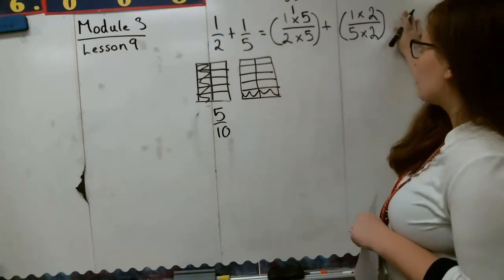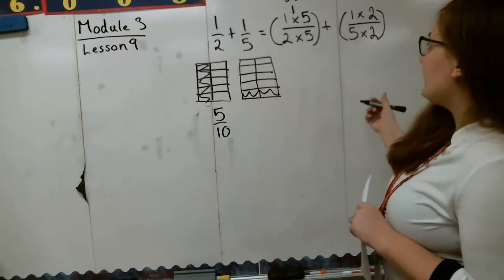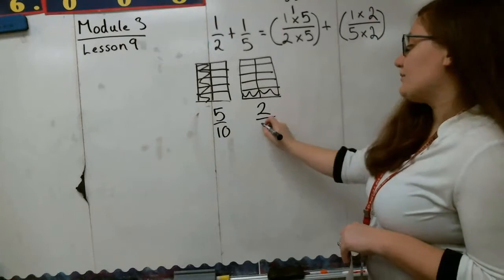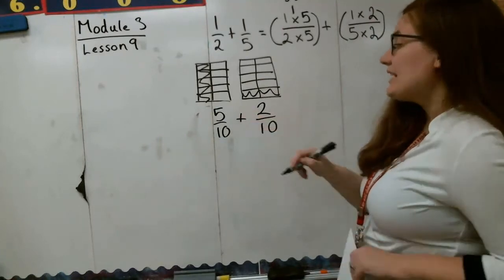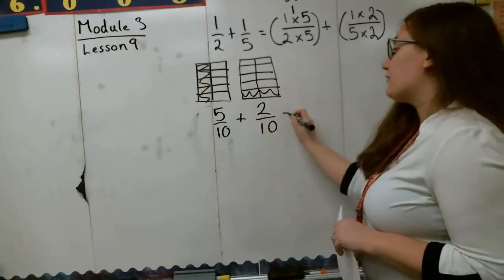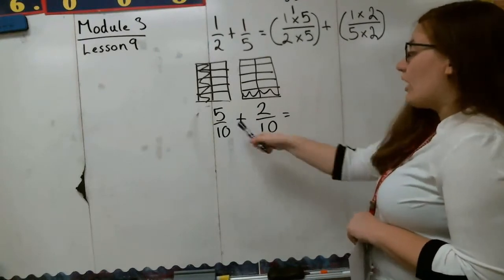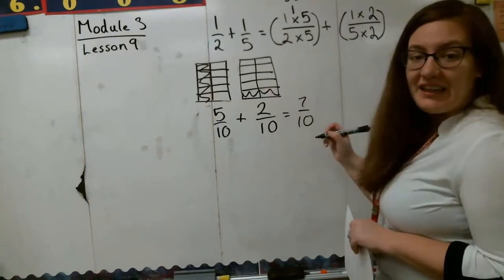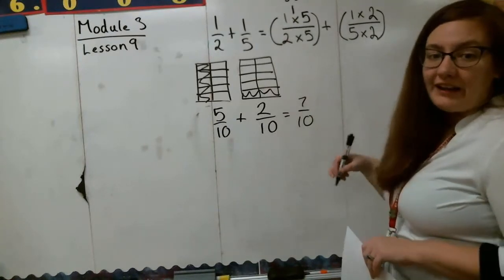And by creating groups of 2, I'm now doing 1 times 2, which gives me 2, and 5 times 2, which gives me 10. And now I can add my fractions together. So I get 5/10 plus 2/10, which gives me 7/10, and that would be my final answer.